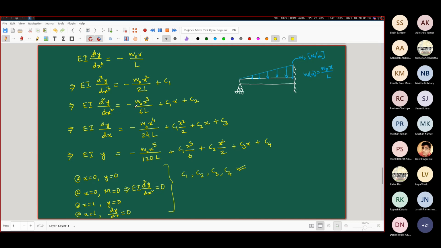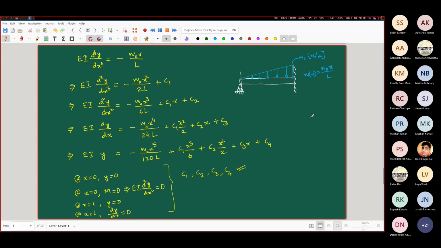It should give you the answer, but the most direct, physically obvious thing would be to consider a cut section which is very, very close to this x equal to 0. So for all practical purposes, this is x equal to 0 plus that we are talking about. So what I'm suggesting is that for the purpose of determining RA, you take a cut section like this.